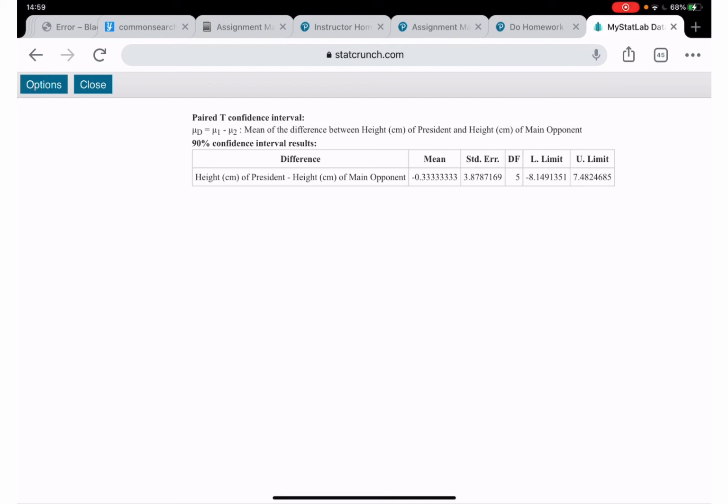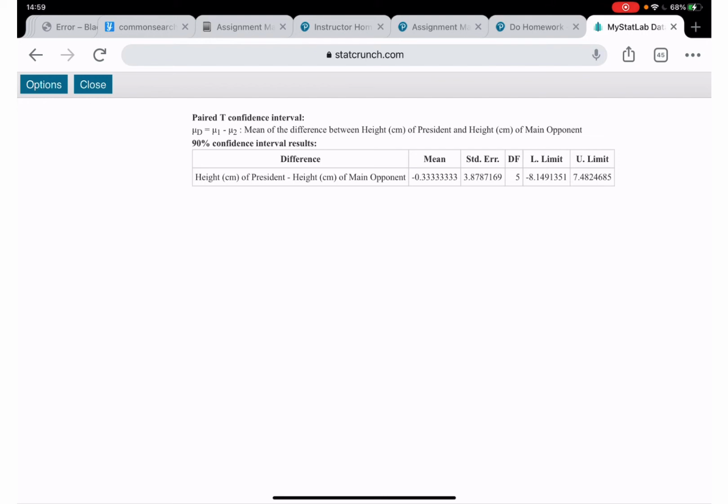So from here, we can draw the conclusion: since the confidence interval contains 0, why? Because from negative 8 to 7 it goes through 0, correct? Then we say that we fail to reject the null hypothesis. This is how it works with paired samples.